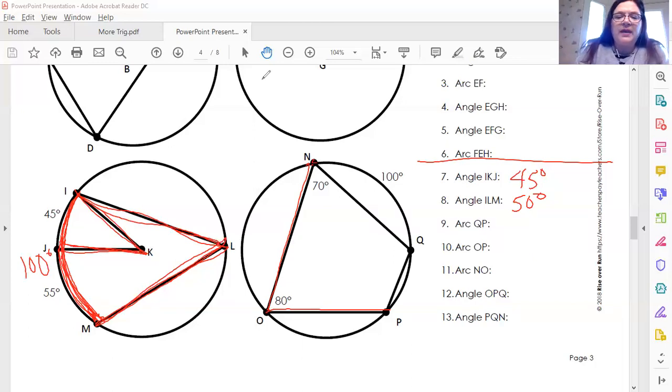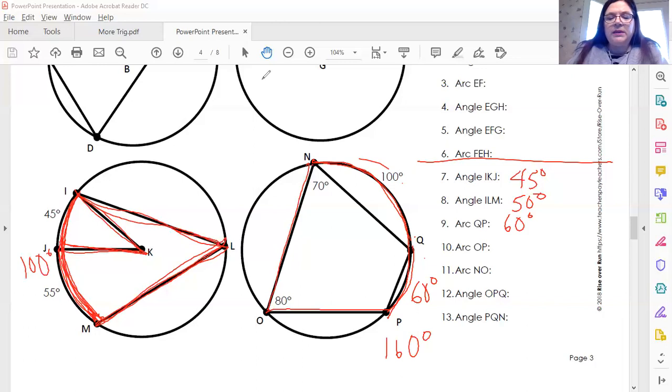So the measure from N to P would be what? 1/2 that? No, the angle is 1/2 the arc. So the arc is going to be twice as big as 80. That full arc would be 160. But we've already got part of the arc here, 100. So from Q to P then is going to be 60 degrees.